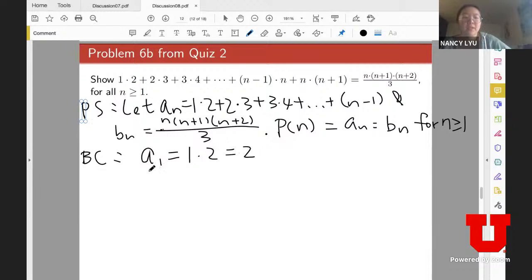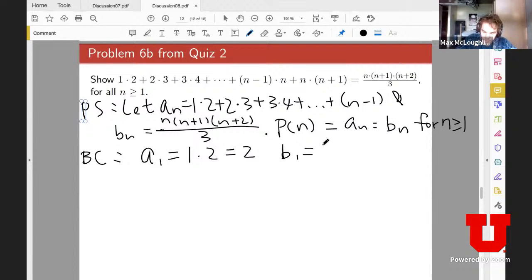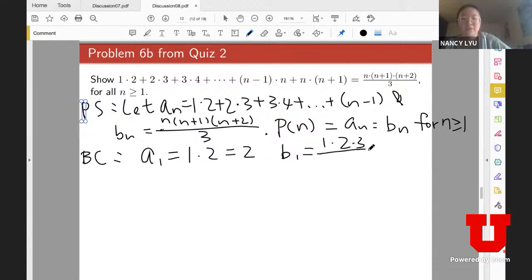And what about B_1? B_1 would also be 2. Yes, if we substitute n equals 1 into this equation, we have 1 times 2 times 3 divided by 3, and that's 2. So we have shown that A_1 is equal to B_1.